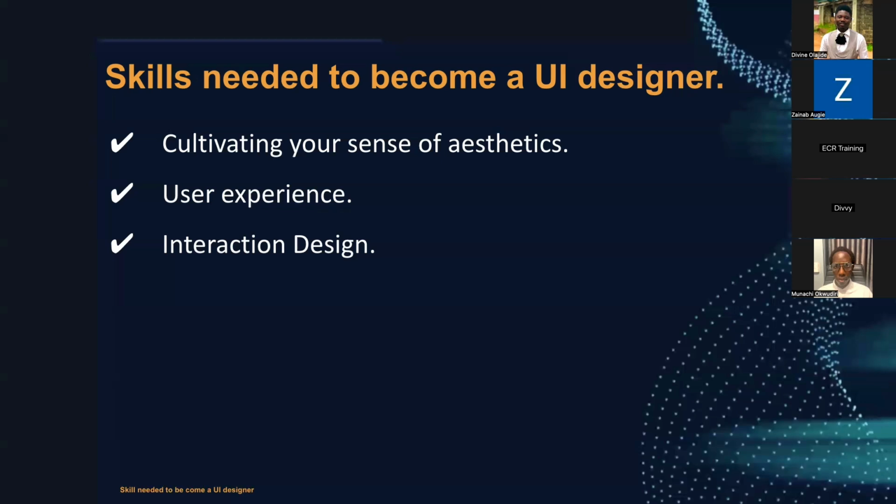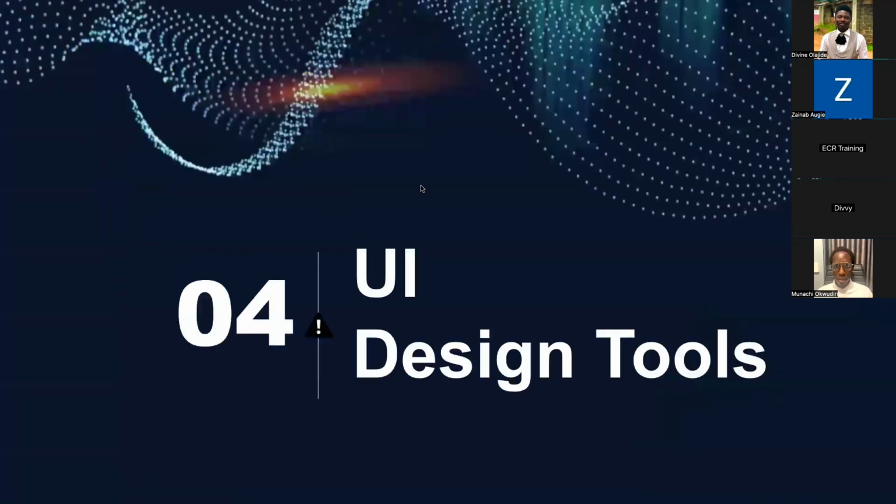Interaction design is also something we are going to learn: how to make our designs interact with each other, how to make them talk to each other, and how to make it work. That is most of the things that we'll be looking at.